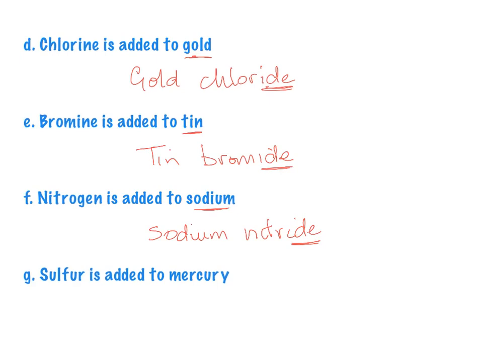Lucky last, we're adding sulfur to that liquid mercury. Alright, how about you have a go at answering the question? Do so now. Right, our metal is mercury. And we've got sulfur, but it becomes sulfide.